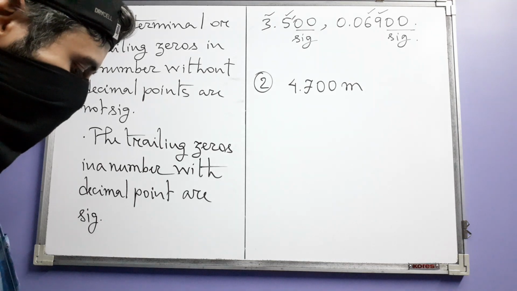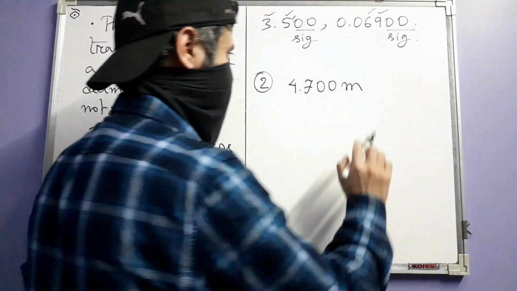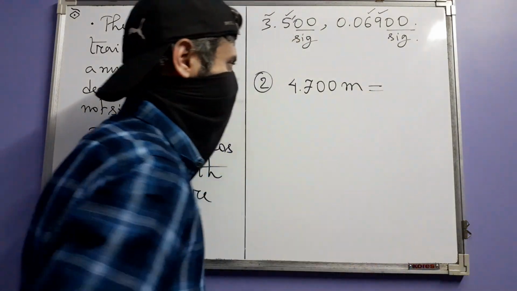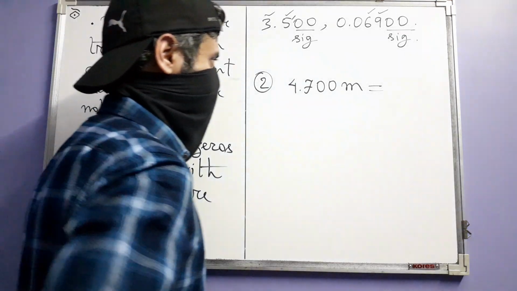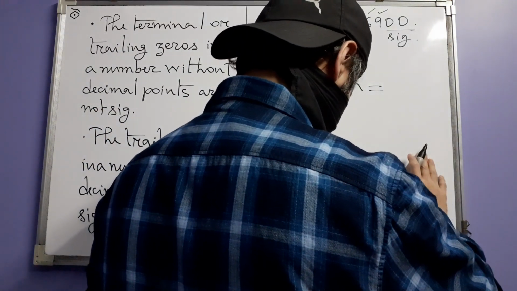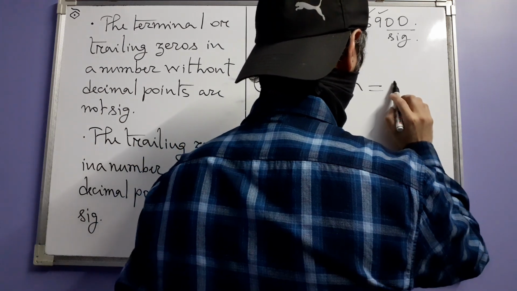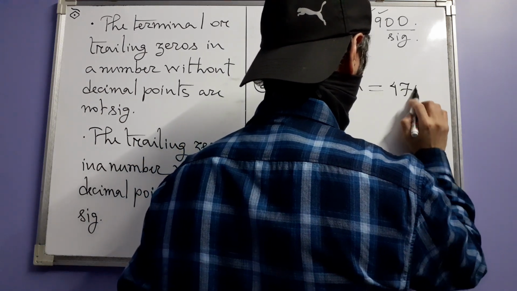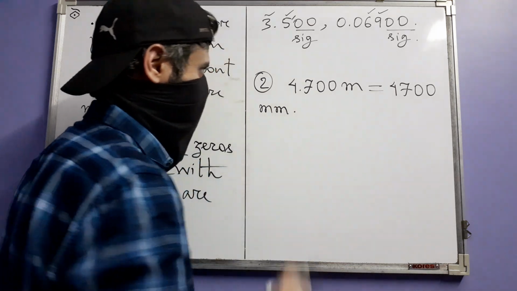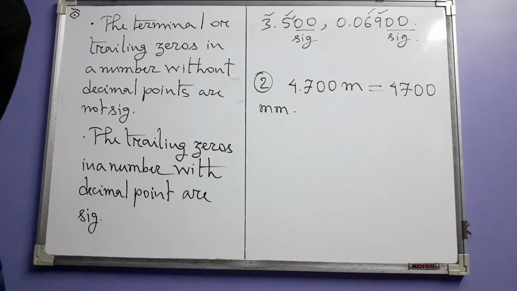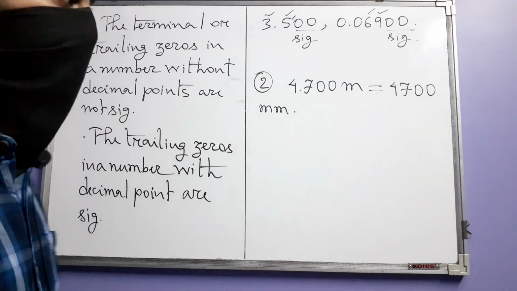But if you change this to millimeter by multiplying by 1000, then what will you get? 4700 millimeter. Do you see the problem?